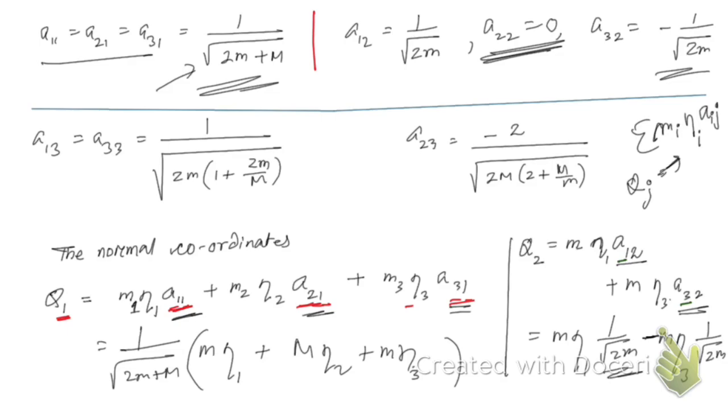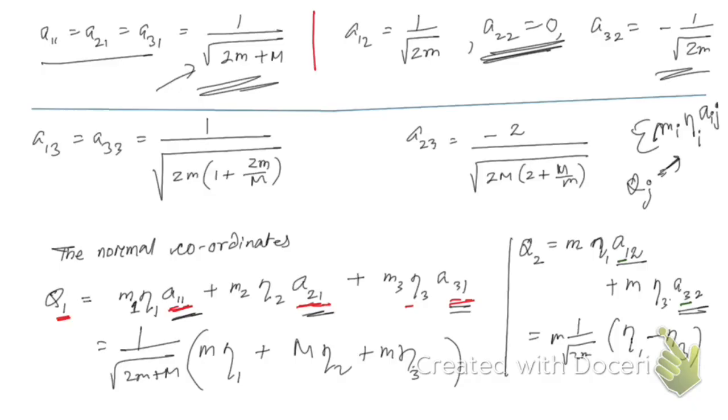And if you take this part common, m into 1 by root over twice m, if you take that common, then you're going to have m into 1 by root over 2m (eta 1 minus eta 3), right? That's what you're going to have.